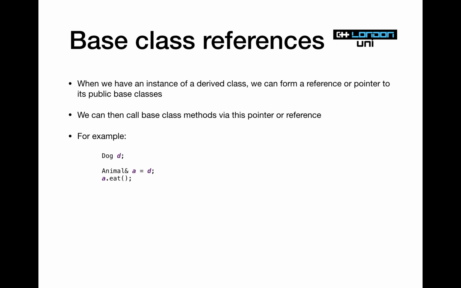All we care about is that it's an animal and it can eat. So in this little example just here, it's not very useful. But when we come to write functions that act on these references to base classes, that's when things get really useful. And then it becomes even more useful when we have virtual functions. But we'll talk about those in a bit.